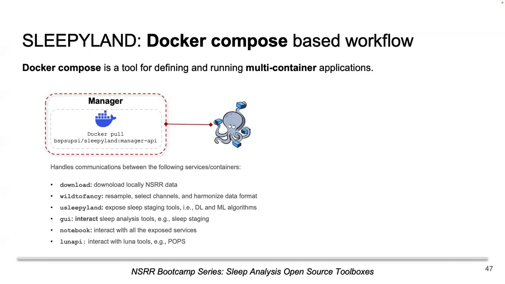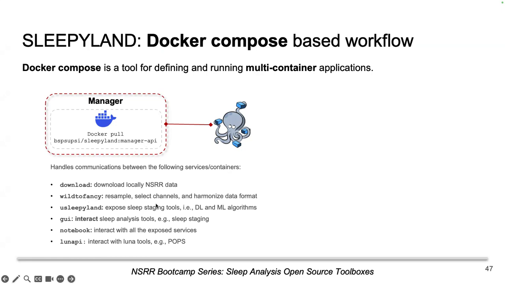Sleepyland has different images. The most important image is the manager. The manager is important because it's the one handling all the communication between all the other containers, also called services. All the other containers that we have are the download container, something that we use to download the data locally.